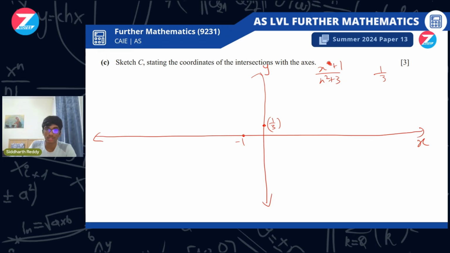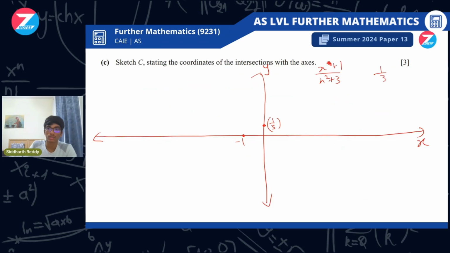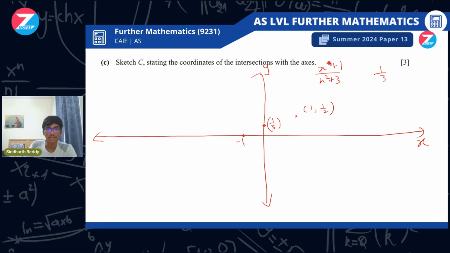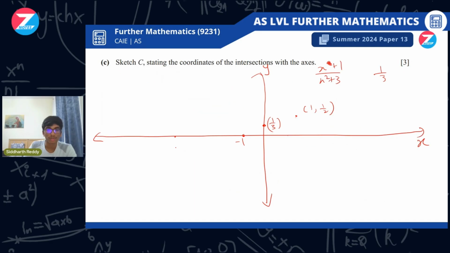And let's find the stationary points also. So we have 1 and 1 by 2. So at 1, there's this one. This is the stationary point 1, 1 by 2. And at minus 3, we've got minus 1 by 6. So somewhere over here.